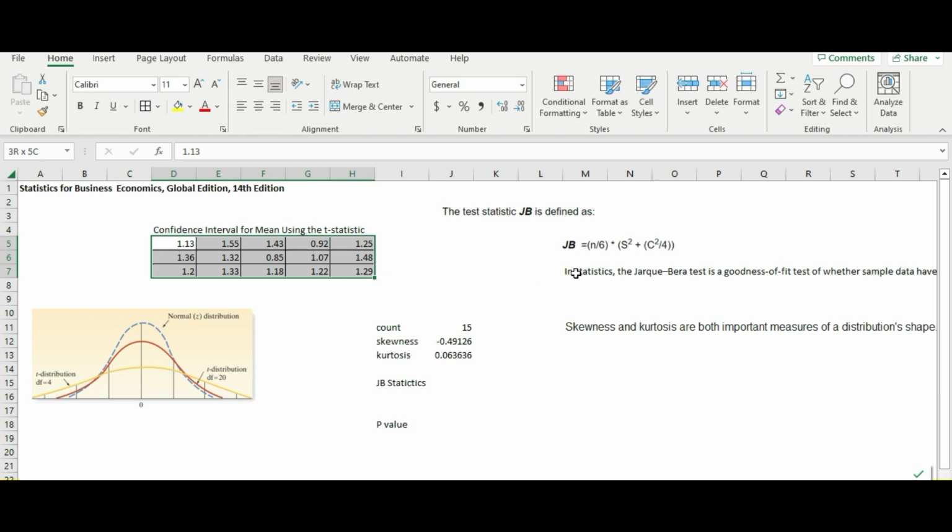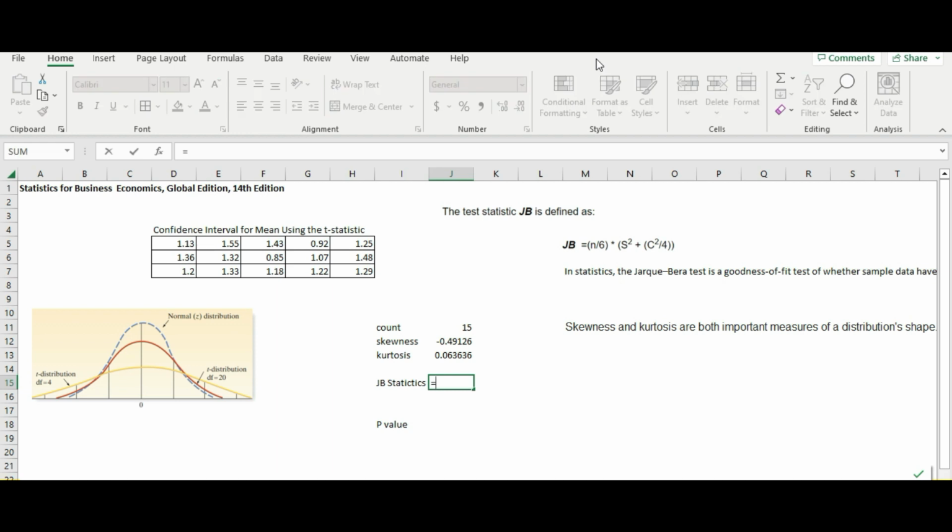So that's what we're going to do. This is the computation for the Jarque-Bera test.